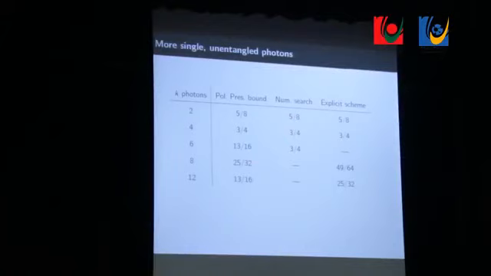Then we could go further, but we didn't go much further. For 8 extra photons, where they had 25/32, we couldn't go there because it was numerically too hard. What I mean by numerically too hard is that for this one, it took ages on my laptop, I mean Andreas' laptop, then we put it on my fixed computer, it didn't work. So we went to the LIMAT Federation and asked, can we have access to your cluster? Yeah, of course.